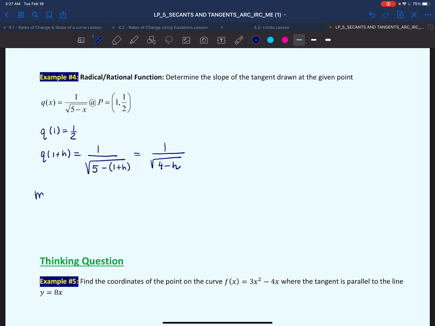So the slope would equal the limit as h approaches 0 of q at 1 plus h minus q at 1, divided by h. So q at 1 plus h is 1 over root of 4 minus h, minus 1/2, over h.